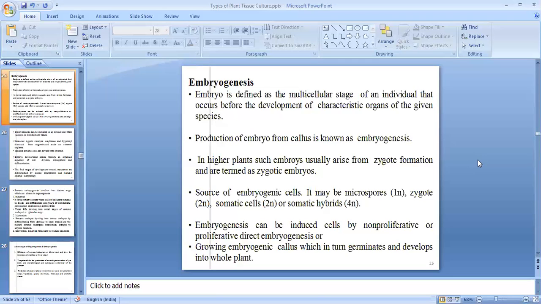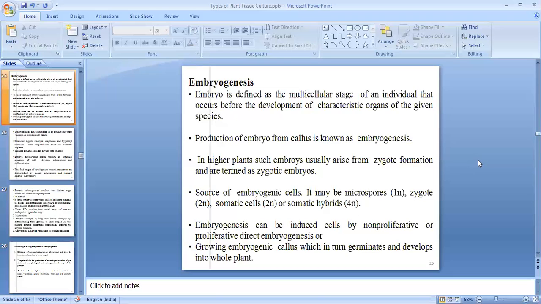Embryogenesis can be induced by non-proliferative or proliferative direct embryogenesis. And the growing of embryogenic callus, in turn, germinates and develops into a whole plant.